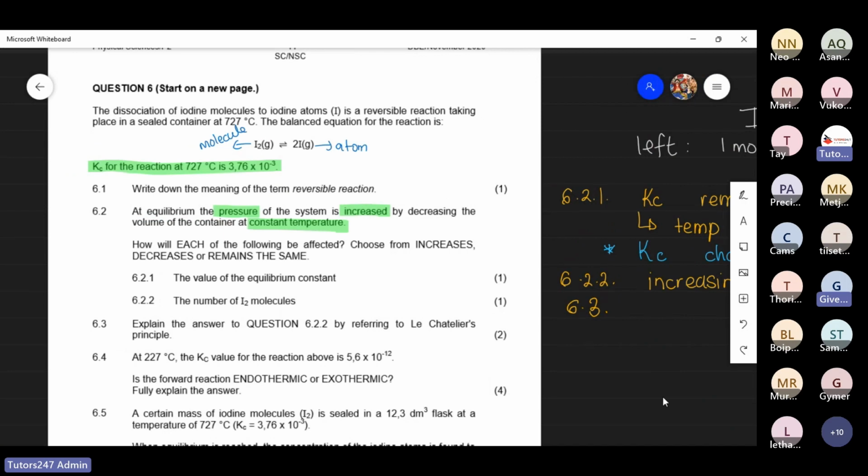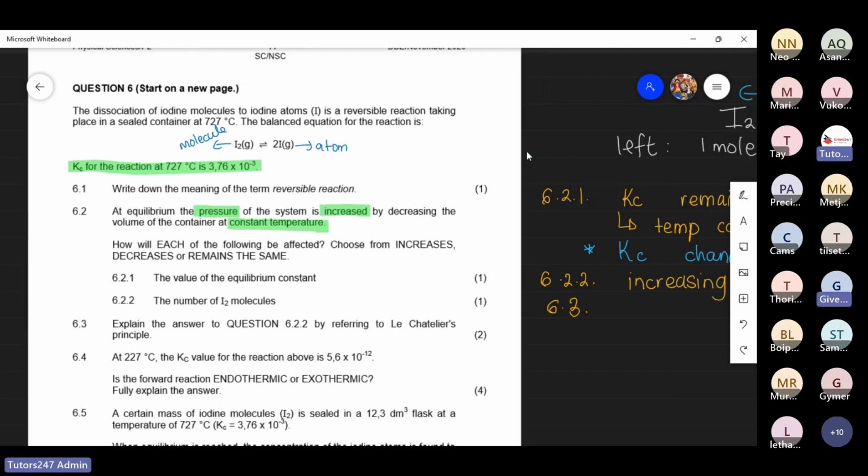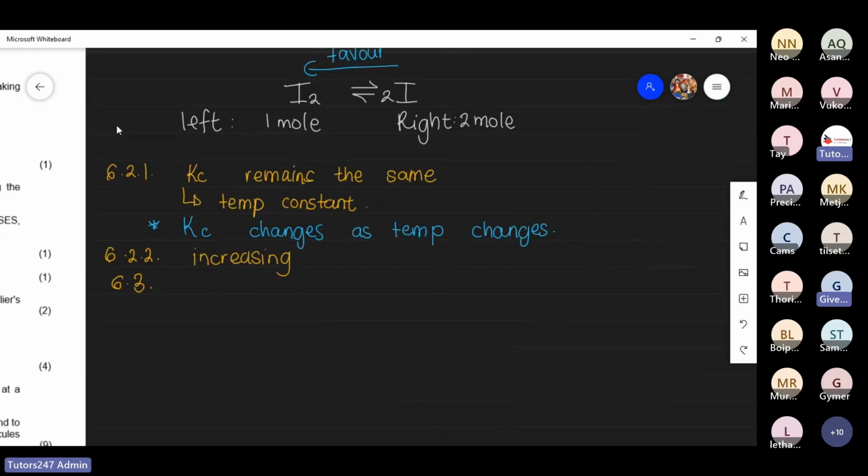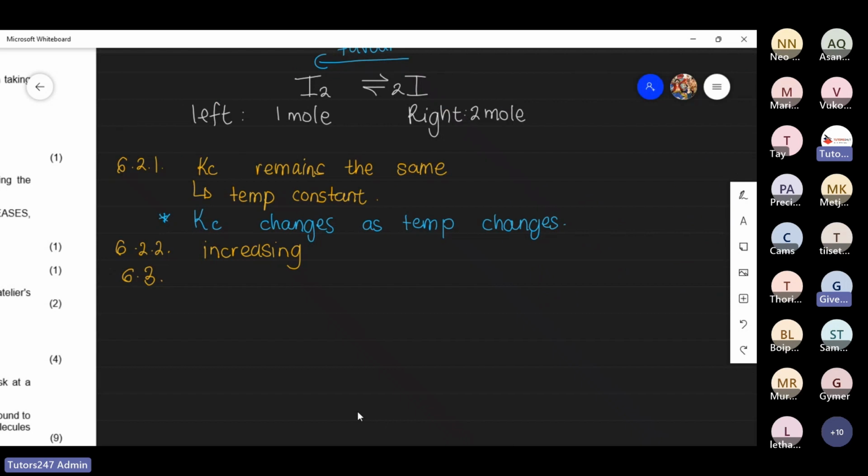If you look at that highlighted part, constant temperature, that means that temperature did not change. So because temperature did not change, that means that our Kc value remains the same, because Kc changes as temperature changes. If temperature does not change, then Kc does not change.